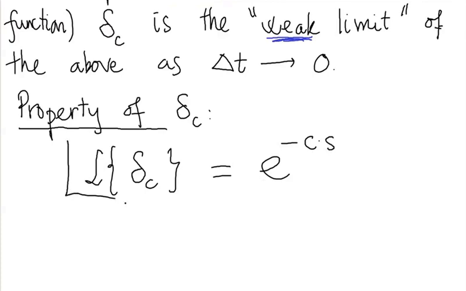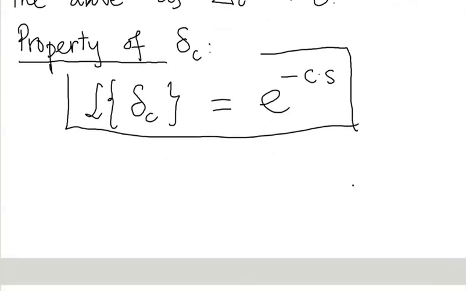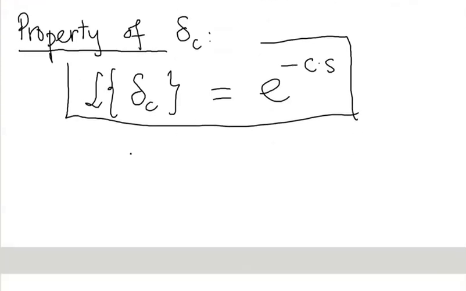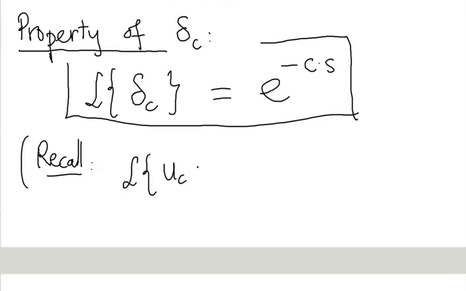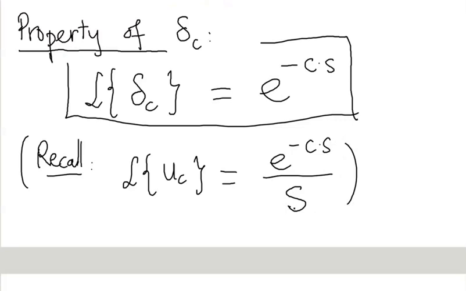This is the formula we need to use. It's very similar to the Laplace transform of the unit step function, but don't confuse them: the Laplace transform of u c is e to the minus c times s over s. So see the difference here for u c and delta c.